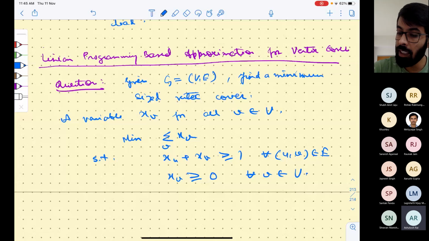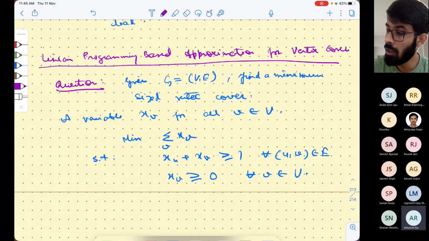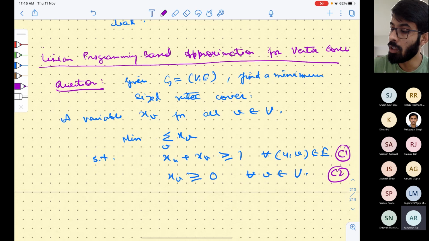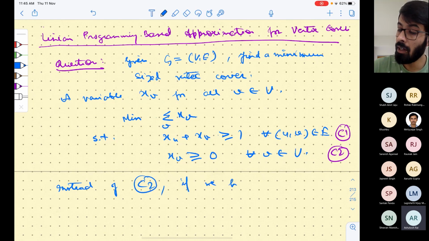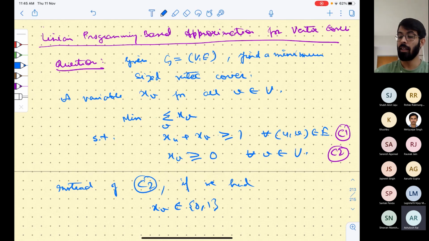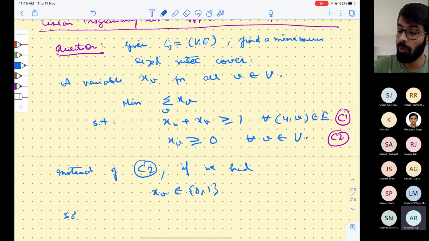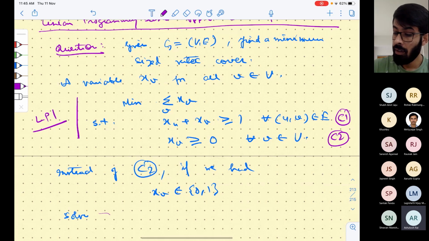Let's call it constraint 1, and constraint 2. Now, instead of constraint 2, if we had xv belongs to 0, 1, instead of saying it is at least 0, call this LP1. Then solving LP1 is equivalent to solving the vertex cover problem.